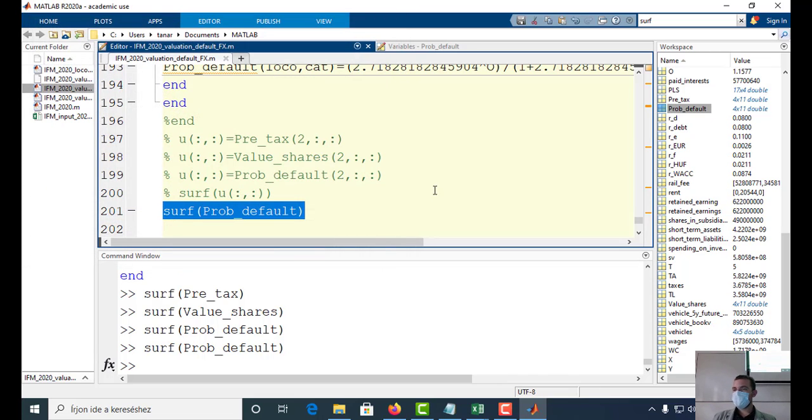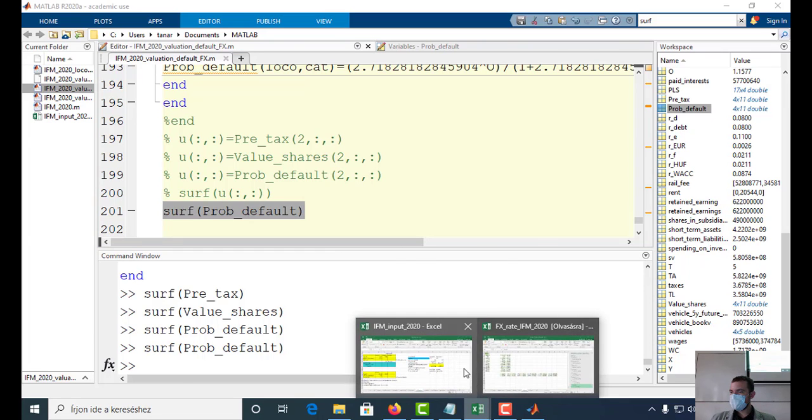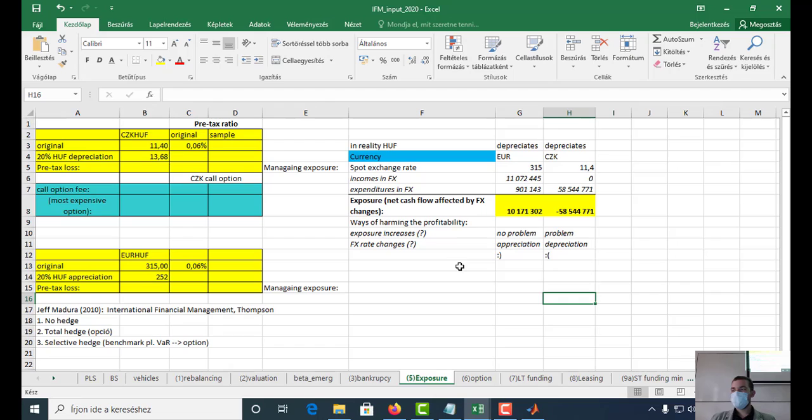And next week we will start to see how we can defend the company, so what kind of hedging strategies are available for the companies, because there will be an opportunity to say that I don't want to deal with the exposure because it's supported by market trends.